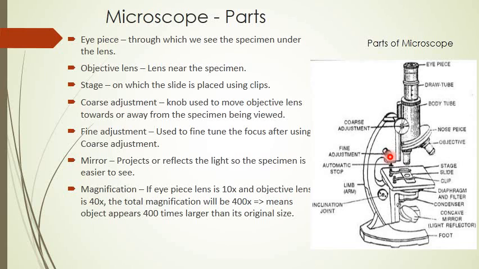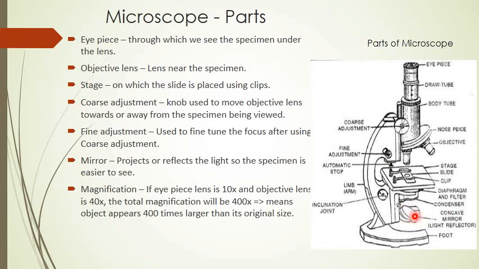This we move only slightly, whereas with the coarse adjustment we move the objective lens a little more, to get a clear image. For example, when taking a photo with a camera, you keep using the zoom to get a clear photo. For the same purpose, we use the coarse adjustment and fine adjustment.